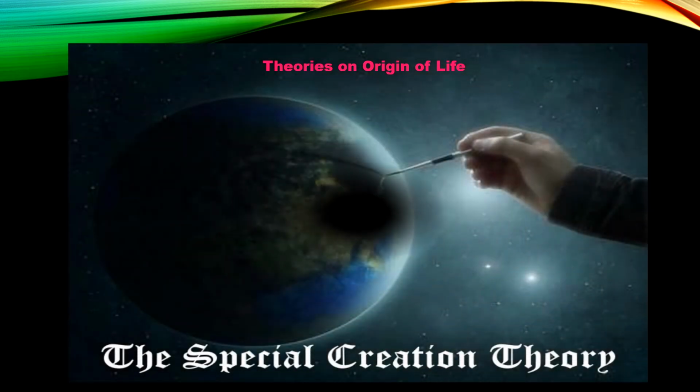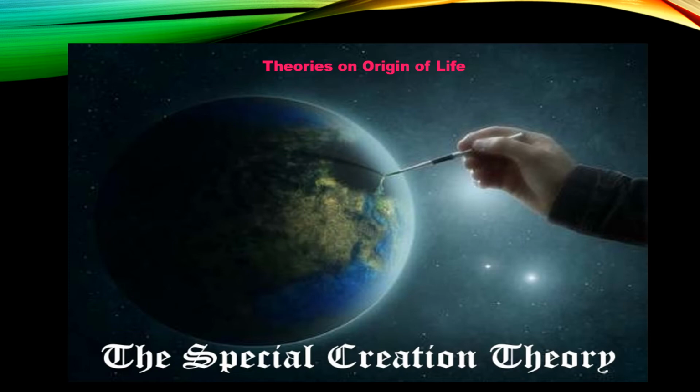Many theories have been postulated to explain the origin of life. In that, the first one is special creation. This idea embodies that life on earth is a divine creation and is attributed to a supernatural event at a particular time in the past.